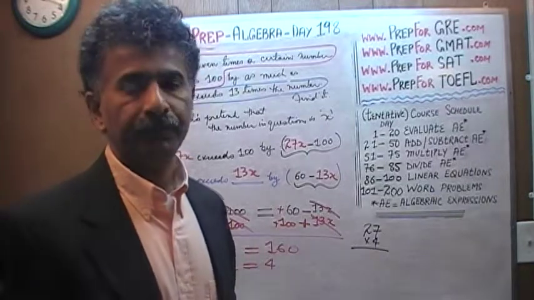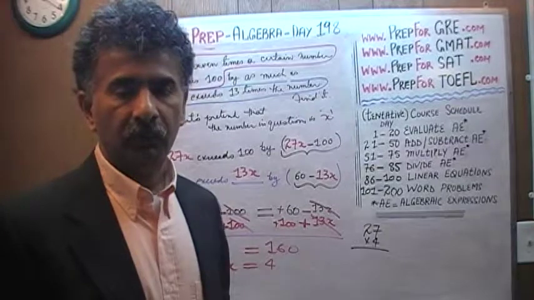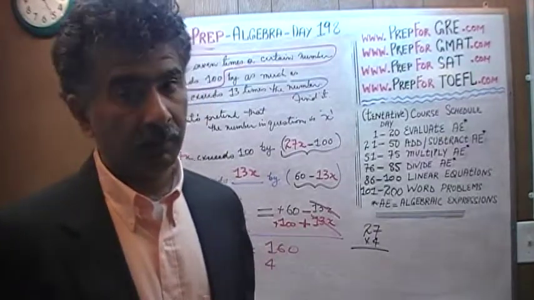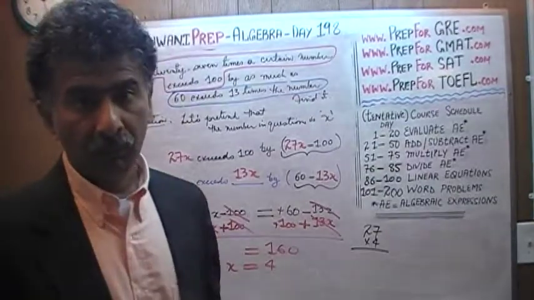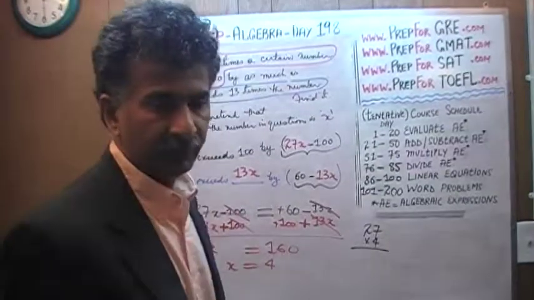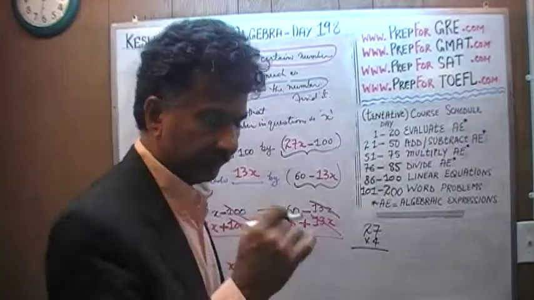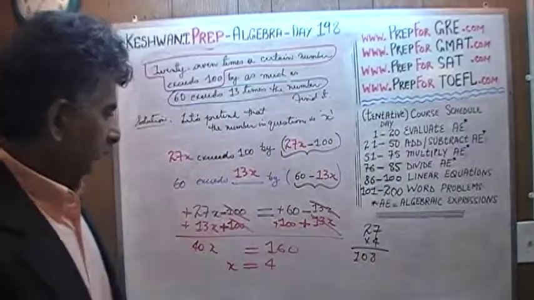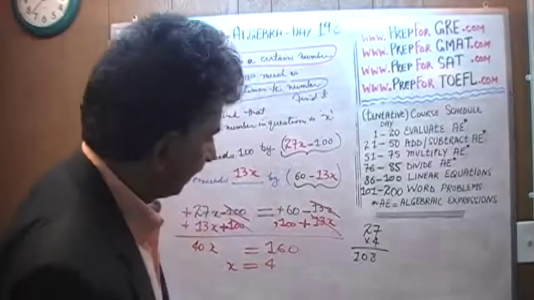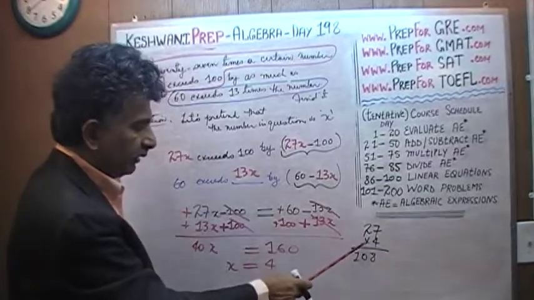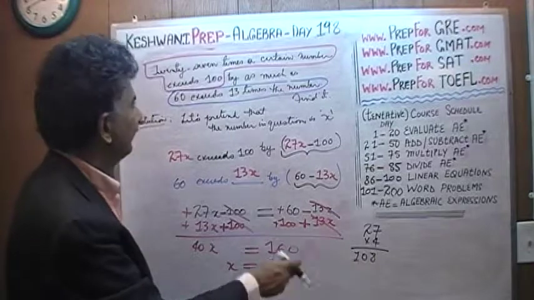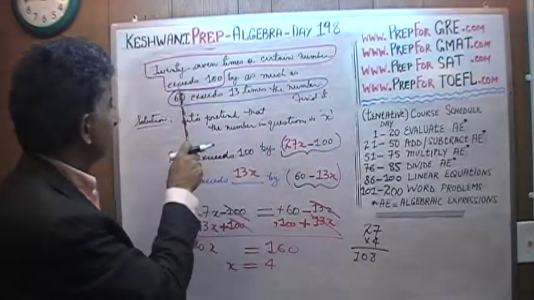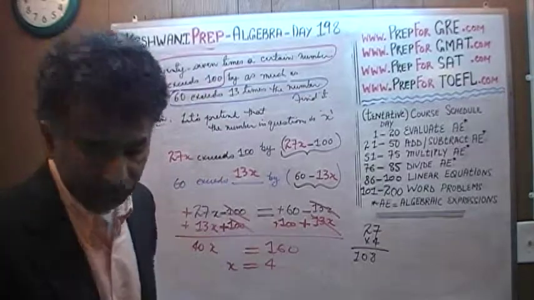If 25 times 4 is 100, then 27 times 4 must be 108, because we have 4 extra 2's. So how much does 27 times this number exceed 100? Well, 108 exceeds 100 by 8.